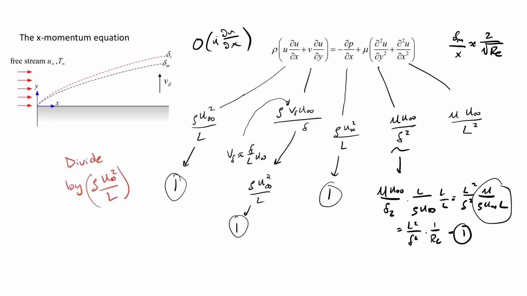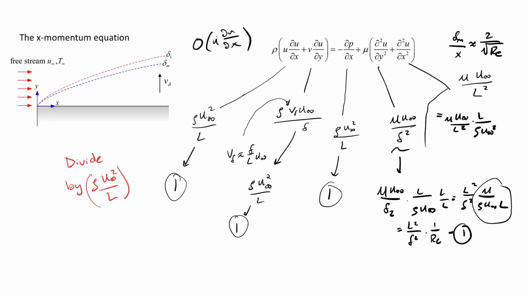Okay, and then the last term here, how am I going to fit this in? So let's try to squeeze this. We're going to move this a little bit. So for the last term, we'll also divide that by rho u infinity squared over L, and then we're left with mu u infinity over L squared times L. So we take that rho u infinity squared, right?